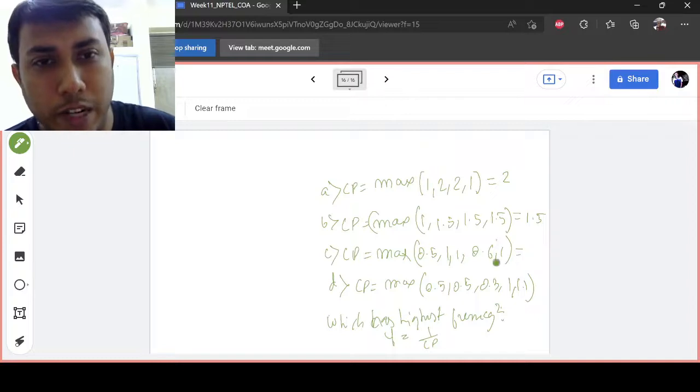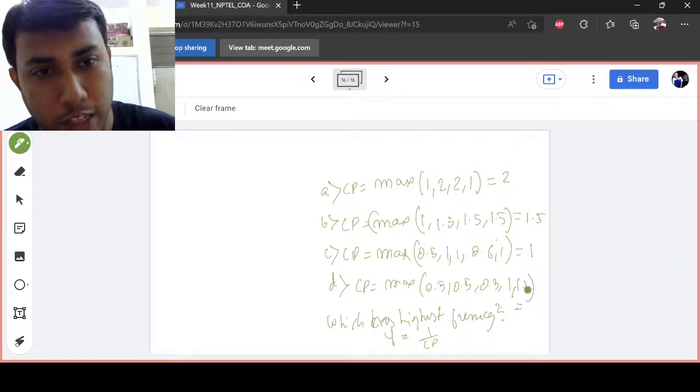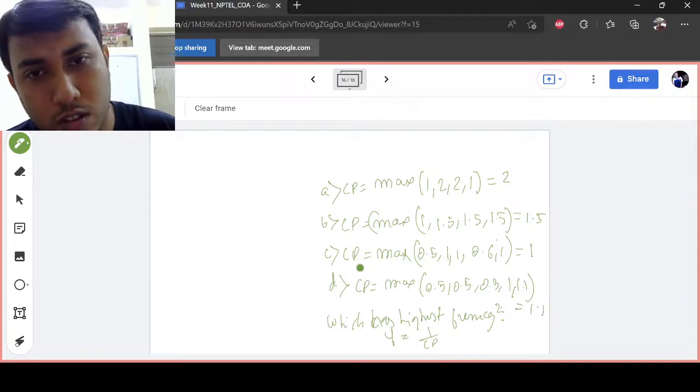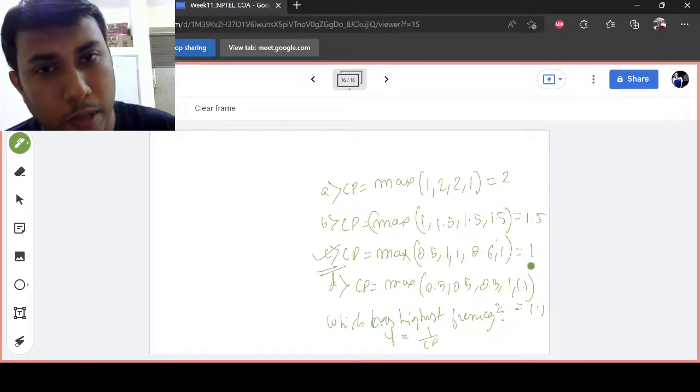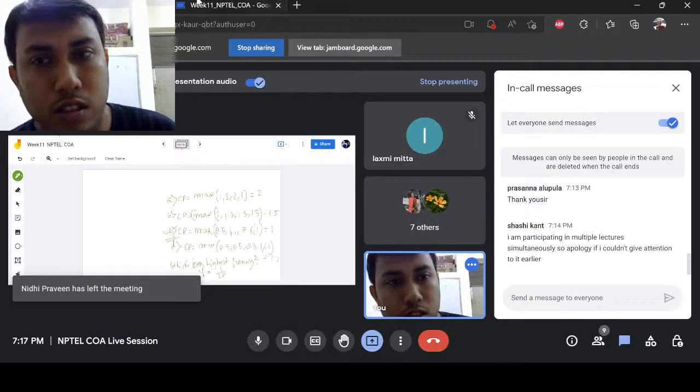What is the maximum here? 1. And what will be the clock period here? The maximum is 1.1. So C will be the answer, because it has the minimum clock period, so it will have the highest frequency. Understood?